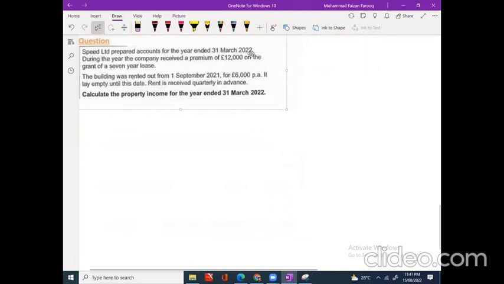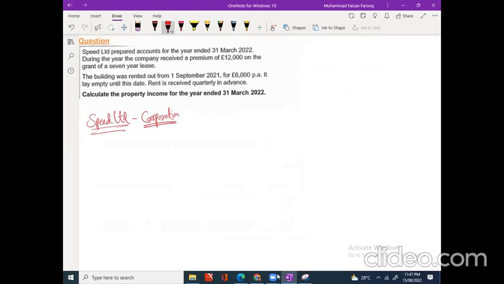During the year, the company received a premium of £12,000 on the grant of a 7-year lease. The building was rented out from 1st September 2021 for £6,000 per annum. It lay empty until this date. Rent is received quarterly in advance. Calculate property income for the year ended 31st March 2022.